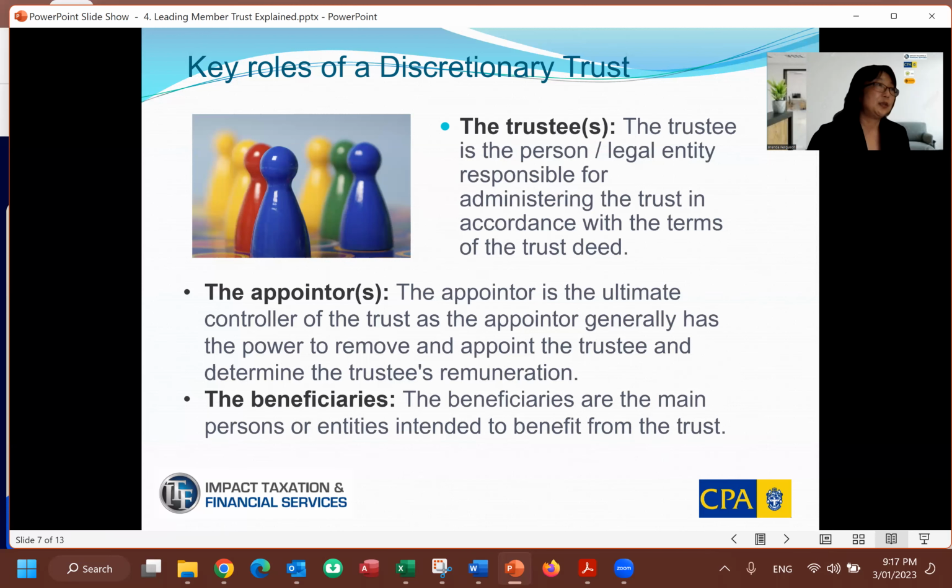So you can have a company as a beneficiary, or another family trust as a beneficiary of a family trust. But one very important thing: you can't use the corporate trustee as a beneficiary. This is a common misconception.